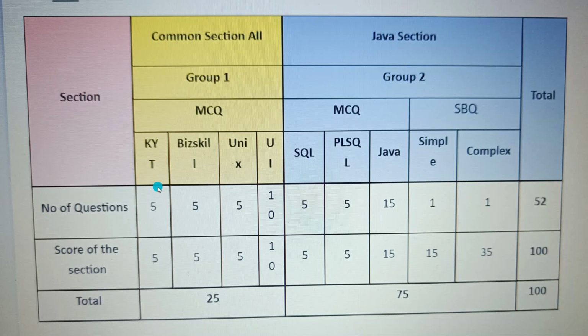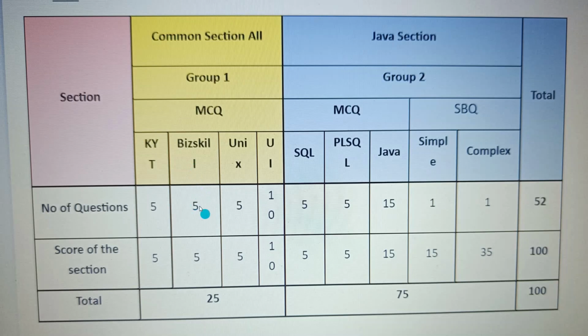Okay, KYT. I have provided the MCQs and how to prepare, the resources and websites where you can learn what KYT and business skills are, and also learn the previous year's MCQs to prepare for the upcoming IP exam. KYT stands for Know Your TCS, and there are 5 questions.